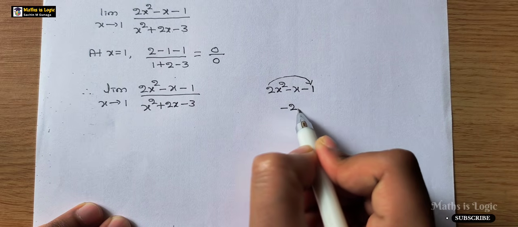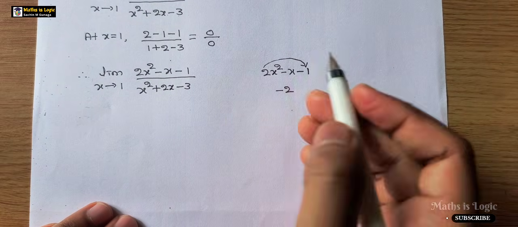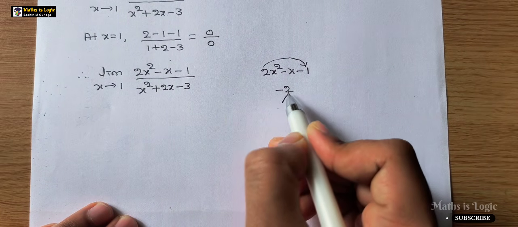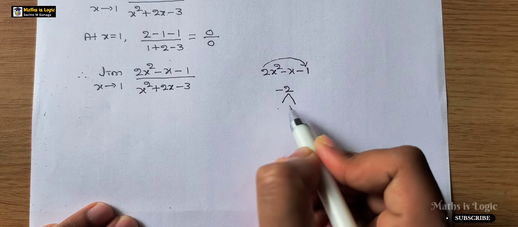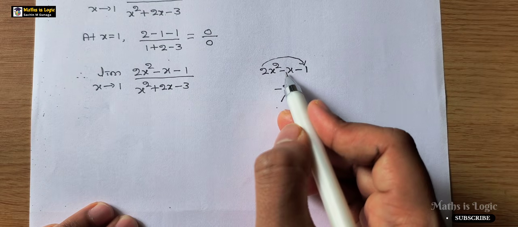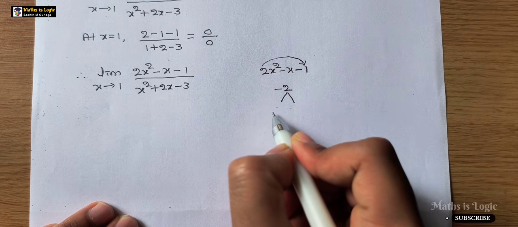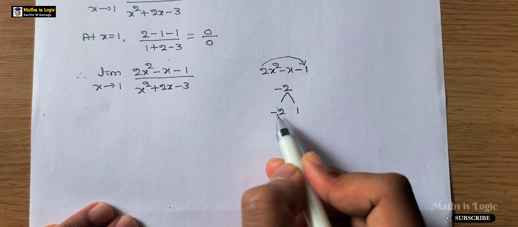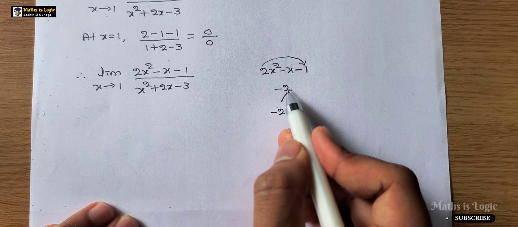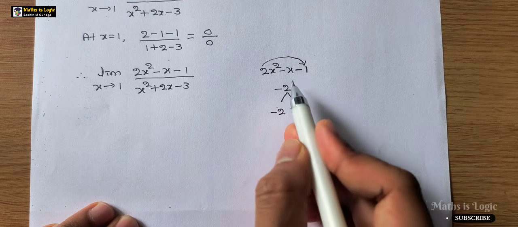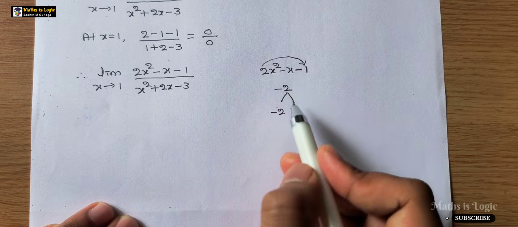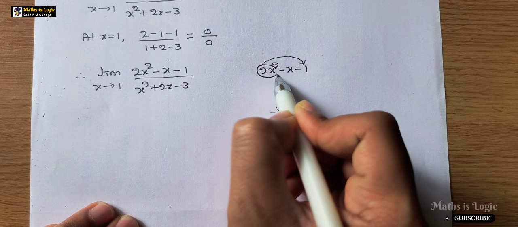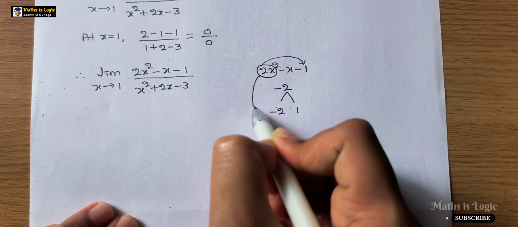So 2 into minus 1 is minus 2. Split the number in such a way that if you multiply these two you should get minus 2, and if you add or subtract these two numbers you should get the middle number. Therefore the numbers are minus 2 and 1, because minus 2 into 1 is minus 2, and minus 2 plus 1 is minus 1.